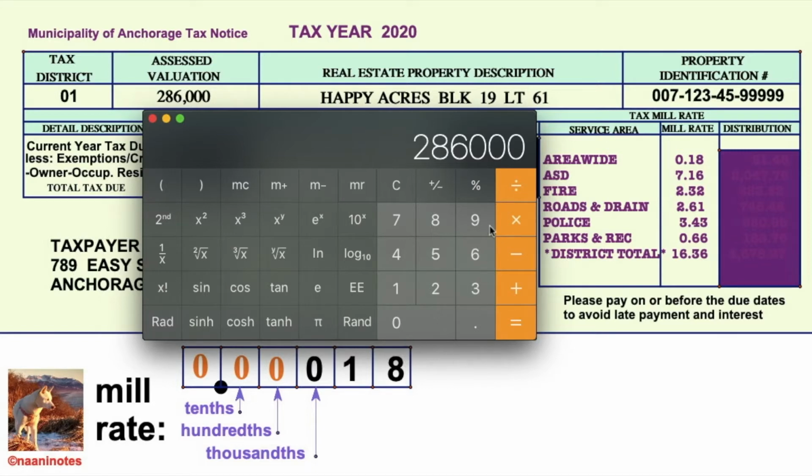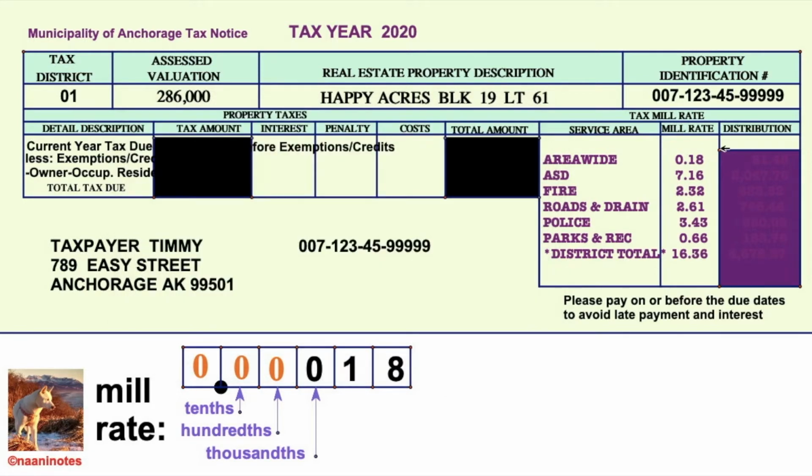I'm going to multiply this times 0.00018. Ready? And that tells me that my tax liability, or the distribution as they like to call it in these fancy terms, is going to be that. Hey, I like how this is going.